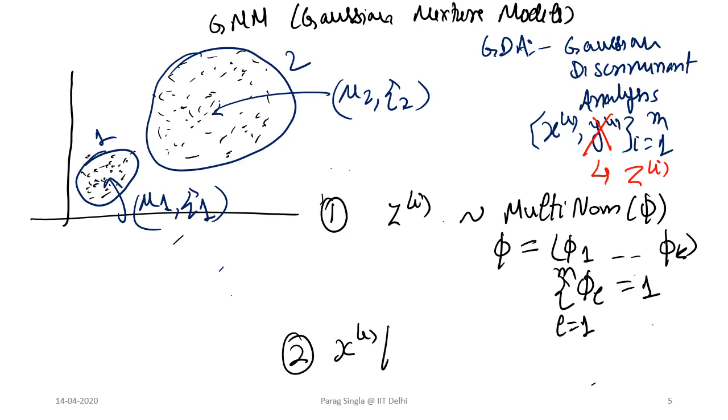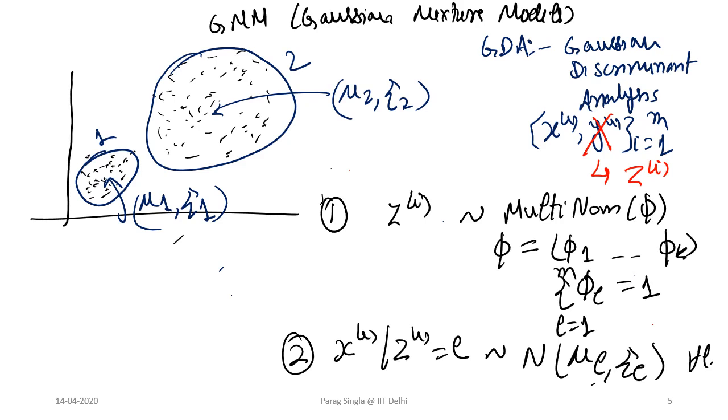So xi given zi equal to l was given by a normal distribution with parameters mu l and sigma l, for all l. So what are we saying here? We are saying that we have a model which is very similar to GDA, but with the difference that we don't know the class labels, in this case the cluster assignments.